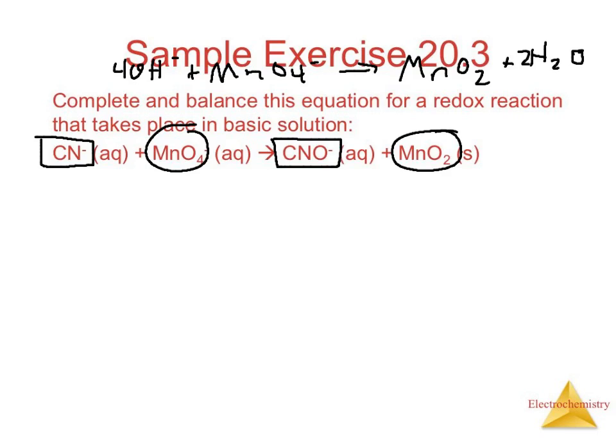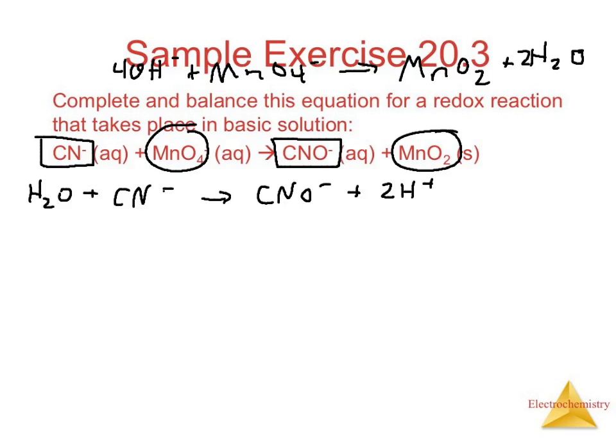Okay, so we've got CN- going to CNO-. Okay, so the carbon and the nitrogen are balanced already. We need to balance the oxygen by adding just 1 H2O to this side. And then we need to balance our hydrogen by adding 2 H+ to this side. Okay, so now that's balanced.